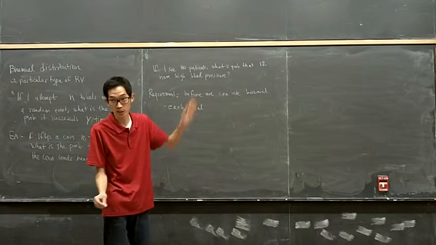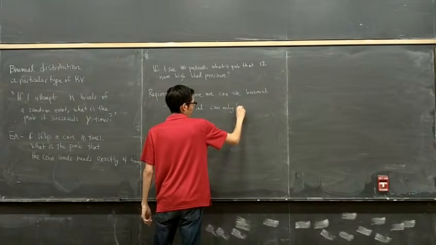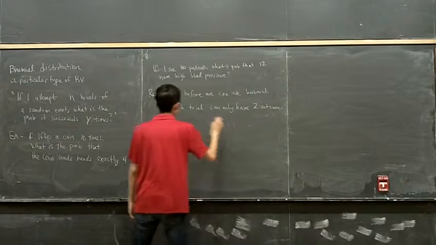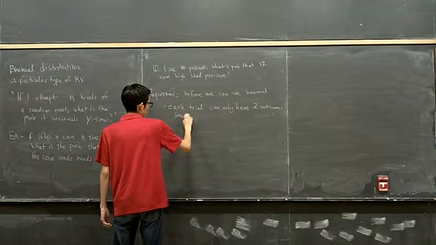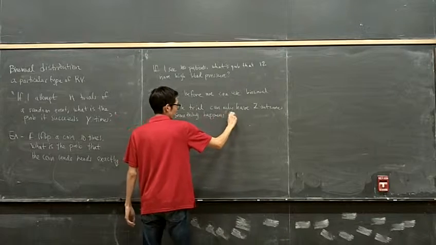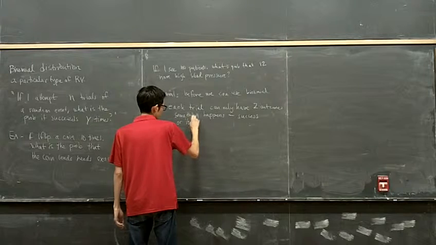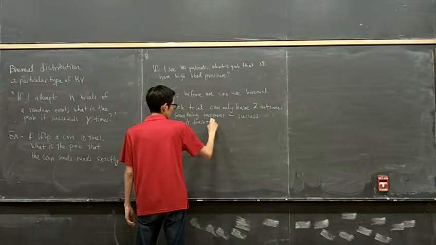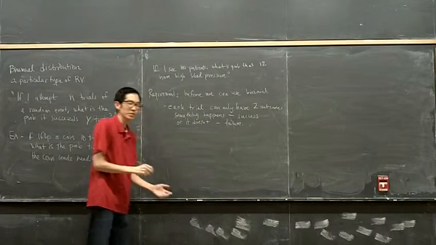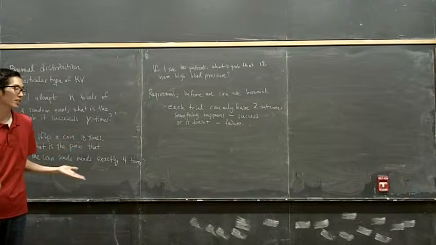Something happens or it doesn't. Something happens, which we label a success, or it doesn't, which we label a failure. But again, success and failure sound so dramatic, but it's not, because the labels are arbitrary.